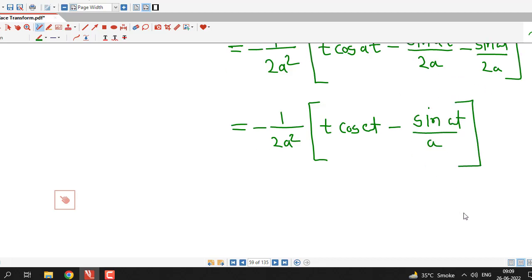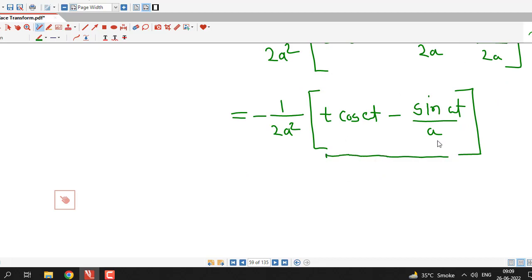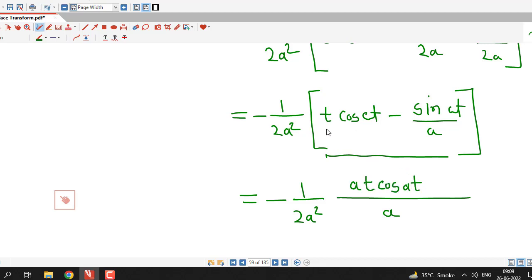And now here we take LCM as a, so we have minus 1 by 2a square. Here I consider a, I will have at into cos at, I have to multiply this by a, minus sin at.